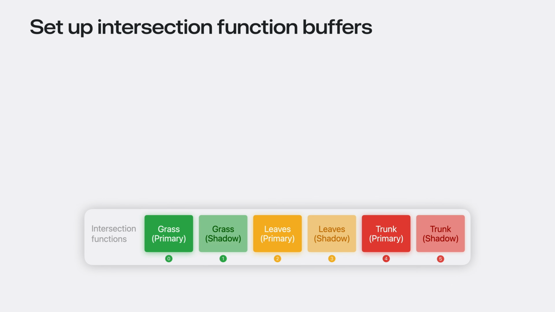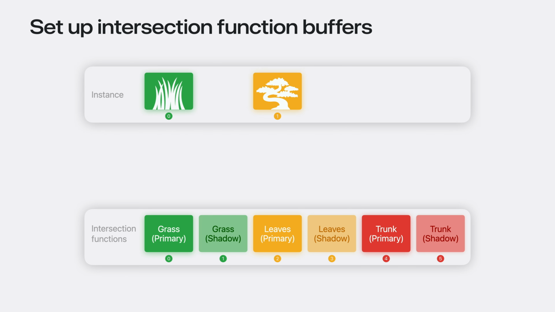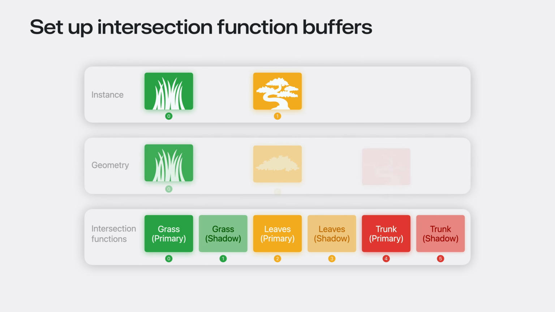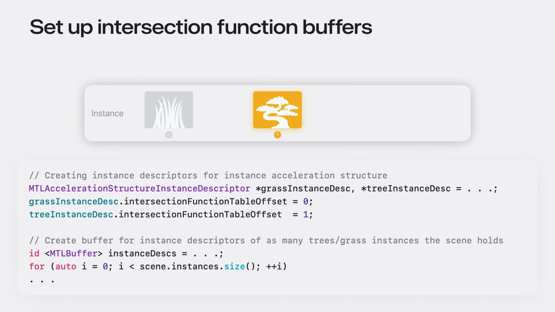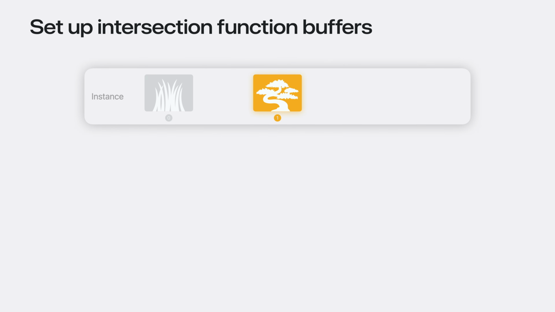Setting up intersection function buffer indices requires setting state on the instance level, where this example scene has 2 instances, and on the geometry level, where the grass has only 1 geometry and the tree has 2. The intersector needs to know which intersection function to use for shadow rays that hit the trunk. When you are creating your instance acceleration structures, specify the intersection function table offset on each instance descriptor.